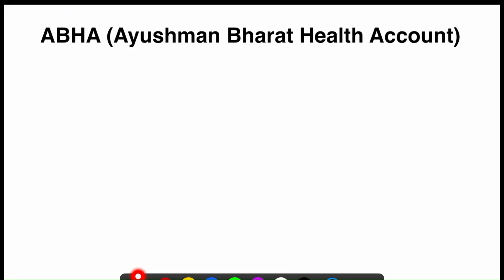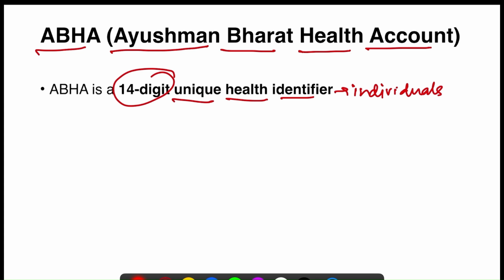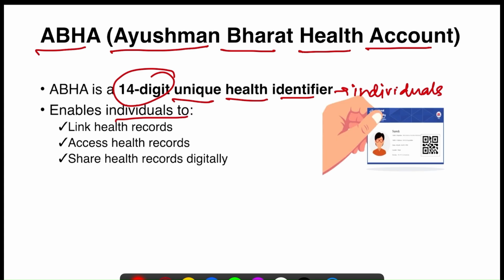Coming to Ayushman Bharat Health Account. ABHA is a 14-digit unique health identifier which is given to the individuals. Through ABHA, individuals can link their health records, access their health records, and share their health records digitally across different health facilities.